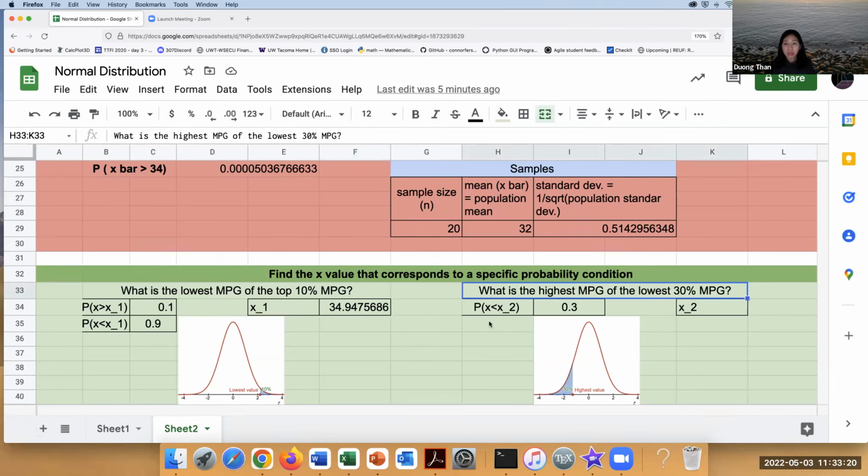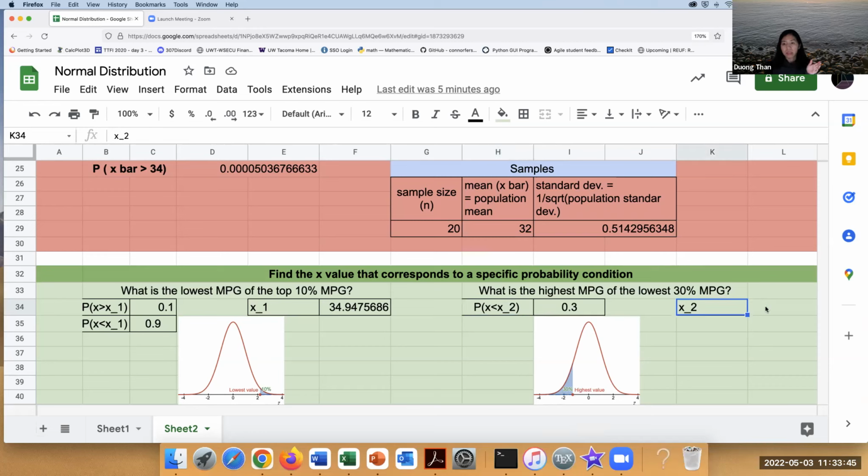The second question: now if you look at the bottom performance, the lowest 30% MPG, what is the highest value that separates the lowest 30% from the better 70% on the right? In this case you're looking at the probability on the left to be 30%.